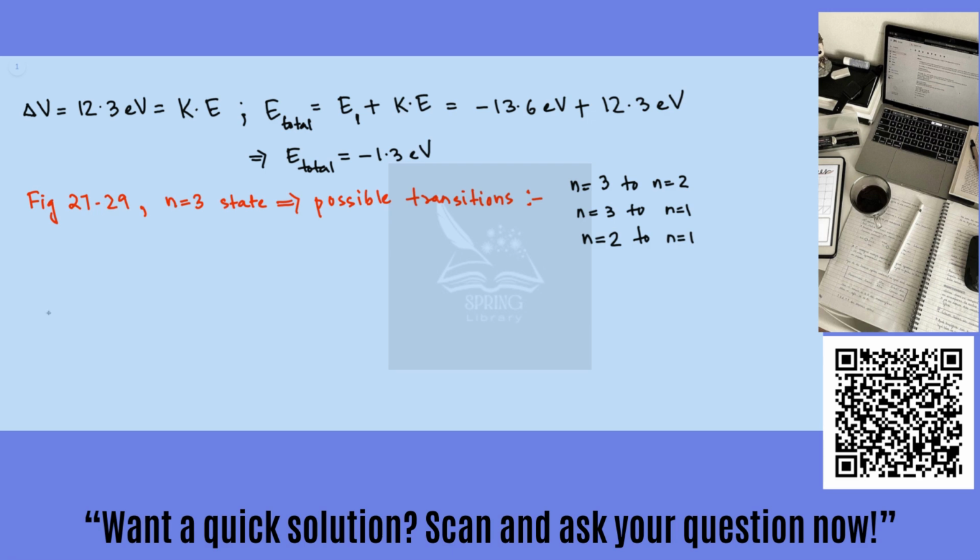Now we will calculate the wavelength using equation 27.16. And according to this equation, wavelength is given by hc over the energy of transition.